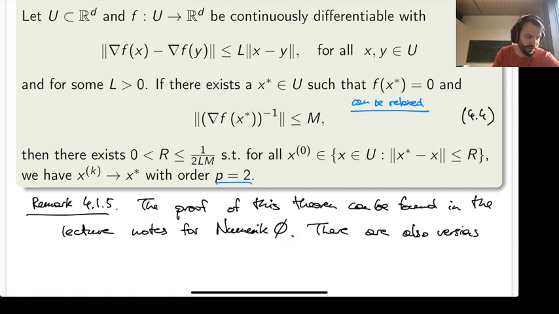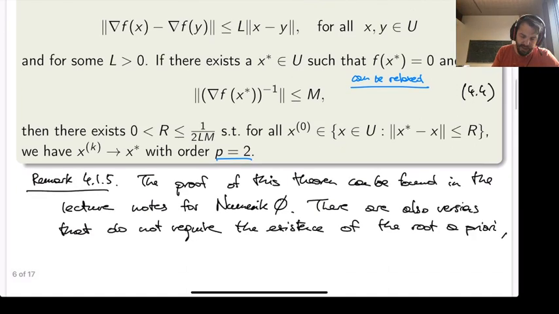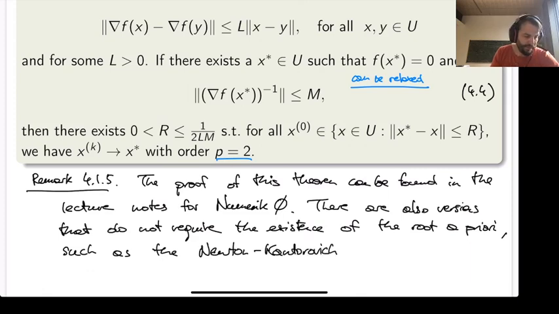There are also versions that do not require the existence of the root a priori, beforehand, and this is, for example, the famous Newton-Kantorovich theorem.